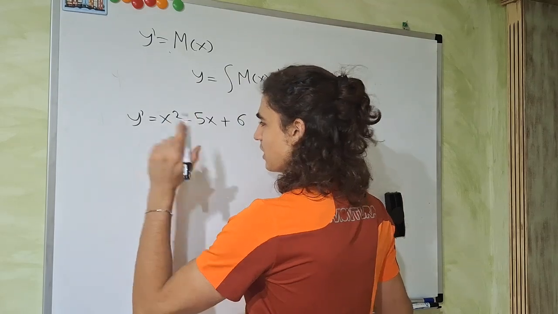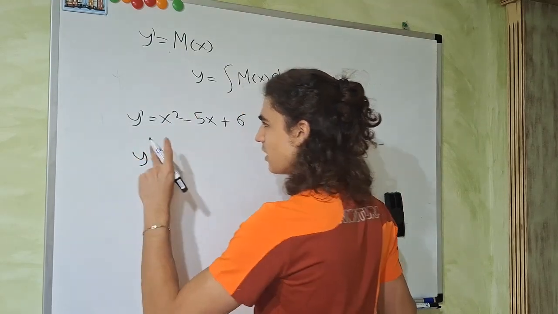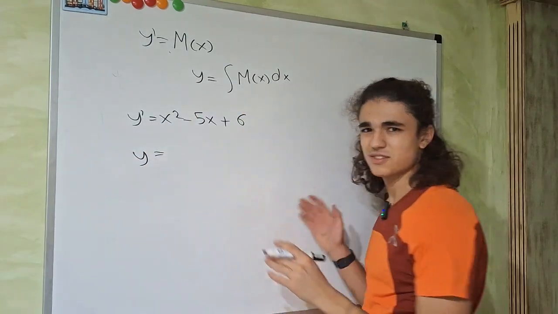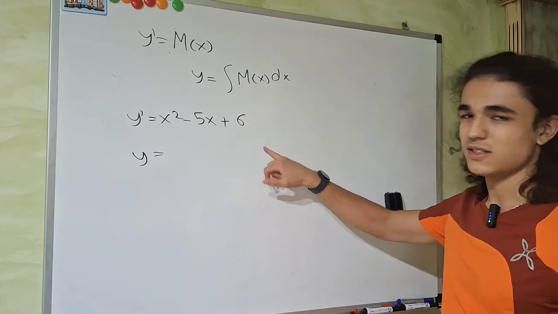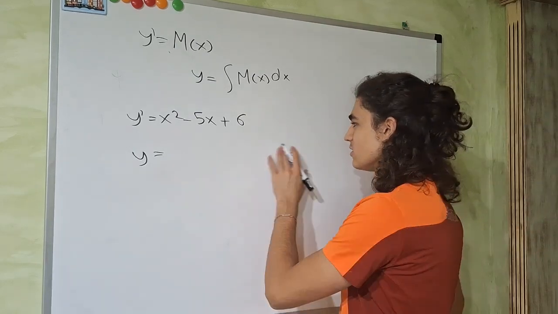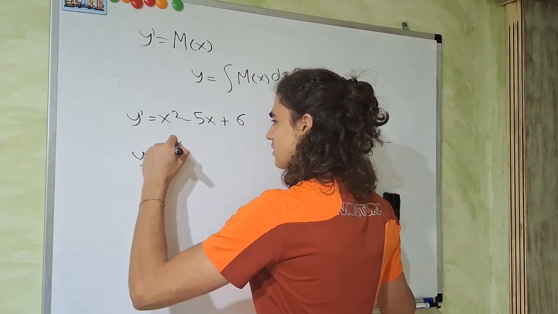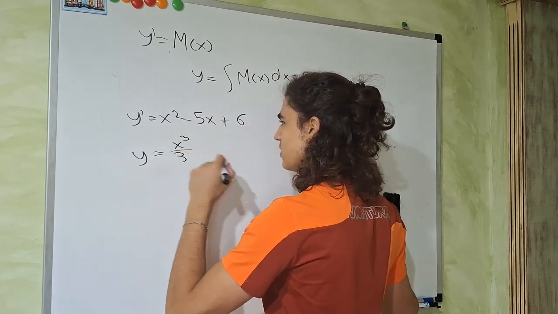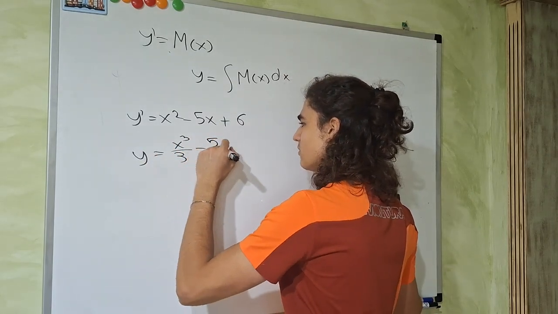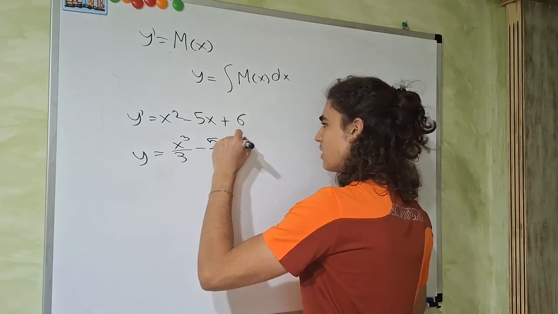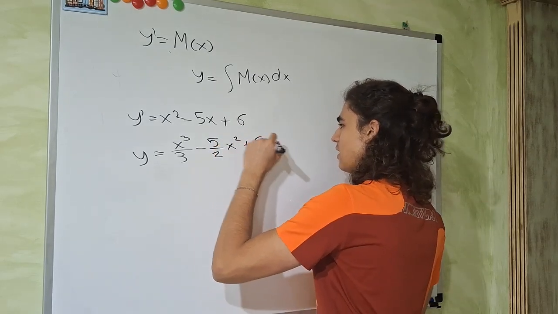So we can integrate both sides with respect to x. We get y plus a constant, and we consider the constant on the right-hand side, so we get those two constants together. The integral of this is x cubed over 3 minus 5 over 2 x squared plus 6x.